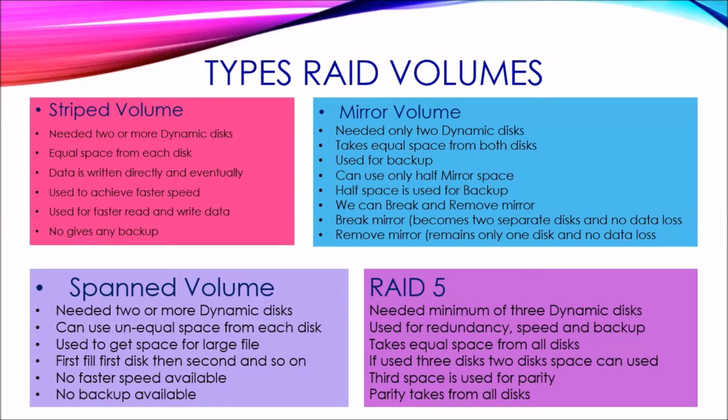For example, we take 10 GB of space from all 3 disks. The total size of our volume will be 30 GB, but we can store only 20 GB of data, and the remaining 10 GB will be used for parity. Parity is taken from all disks. Remember that in case of any single disk failure, our data will not be lost.